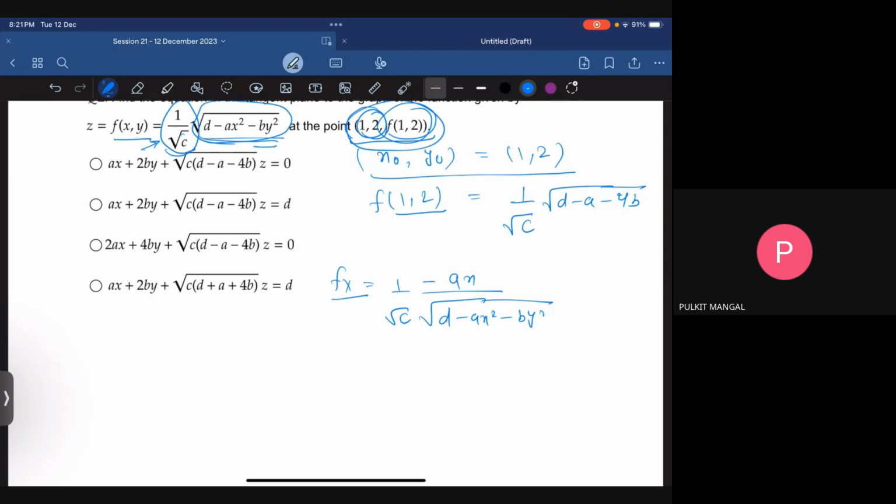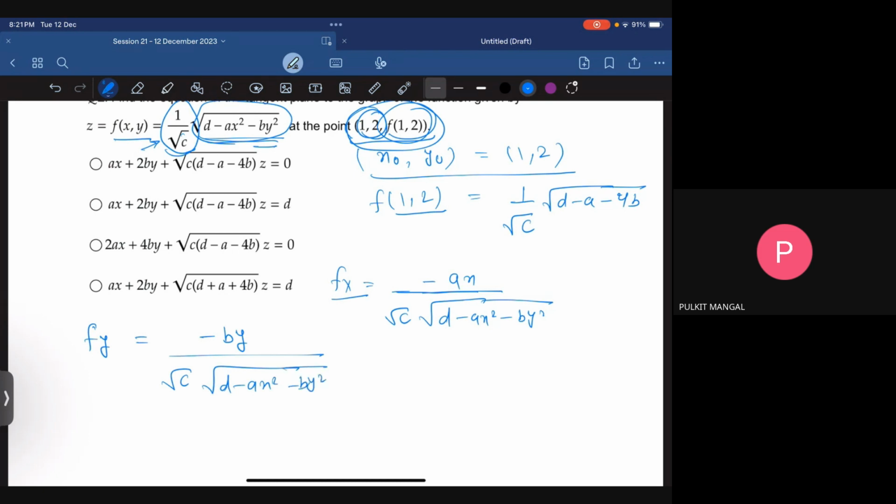Now fy would be minus by divided by, again, root c times under root of d minus ax square minus by square.